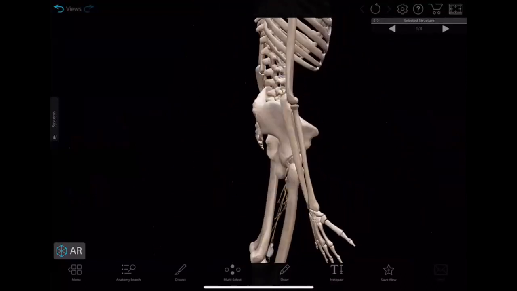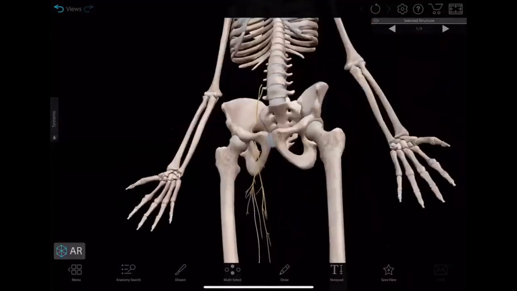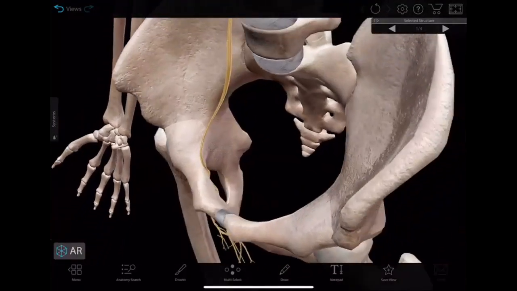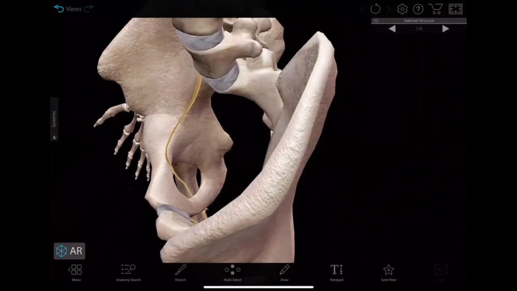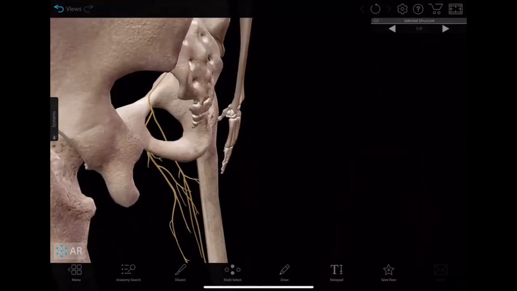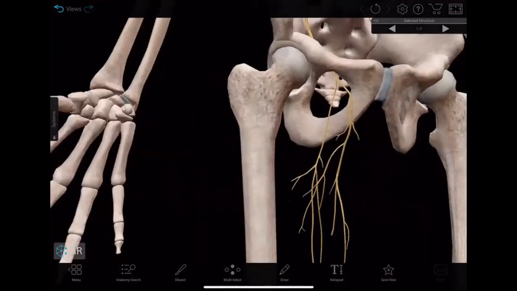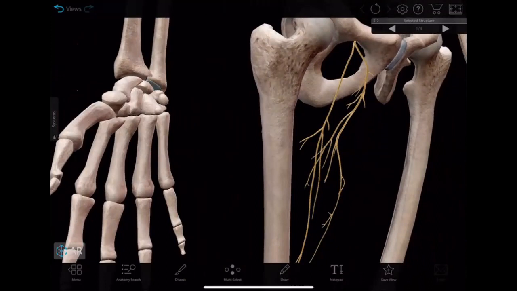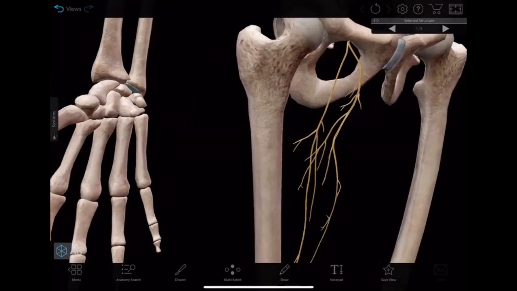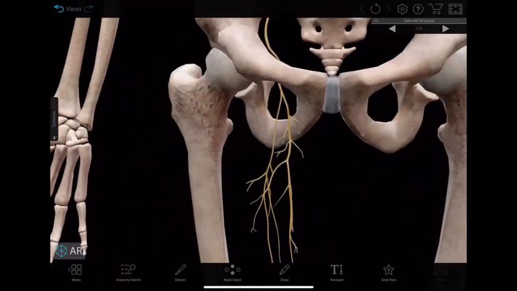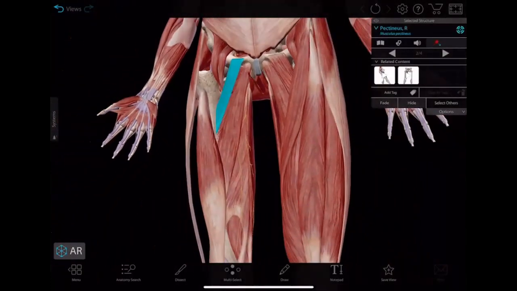From the lumbar plexus, entering the lower limb through the obturator foramen. You see that is the obturator foramen. Internally you have obturator internus and externally you have obturator externus covering the obturator membrane. These are the anterior and posterior branches, in which the middle muscle is adductor brevis. We will see this.